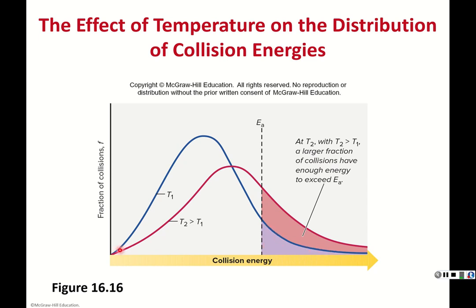Well, if we raise the temperature, it spreads this plot out. And now this shaded red area is the fraction that have enough energy to overcome the activation energy barrier. So you'll have a bigger fraction of collisions that actually result in a reaction.